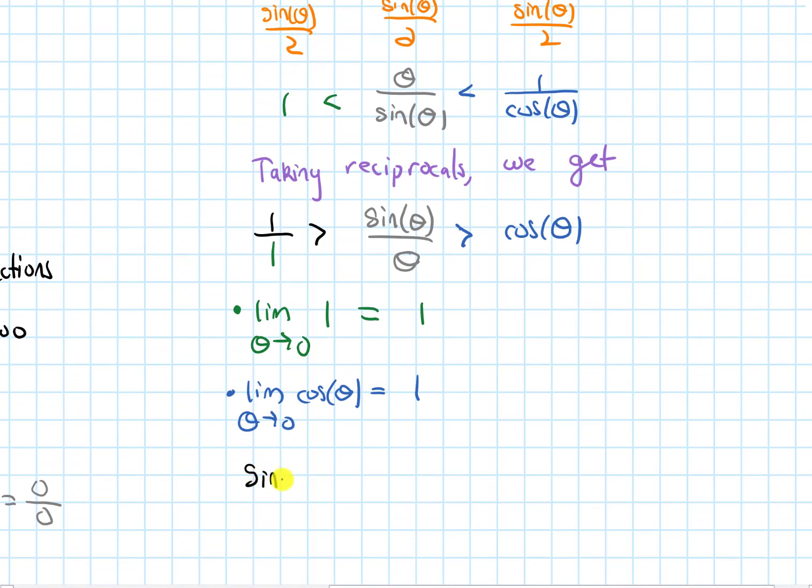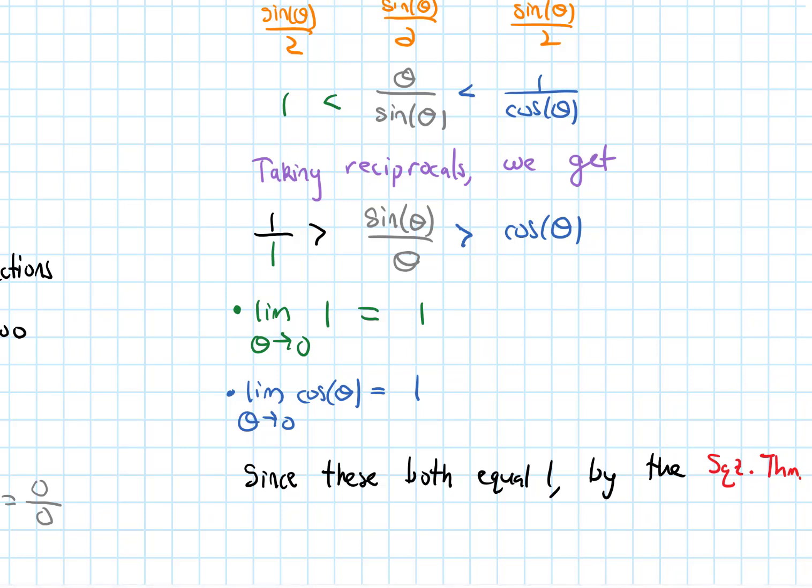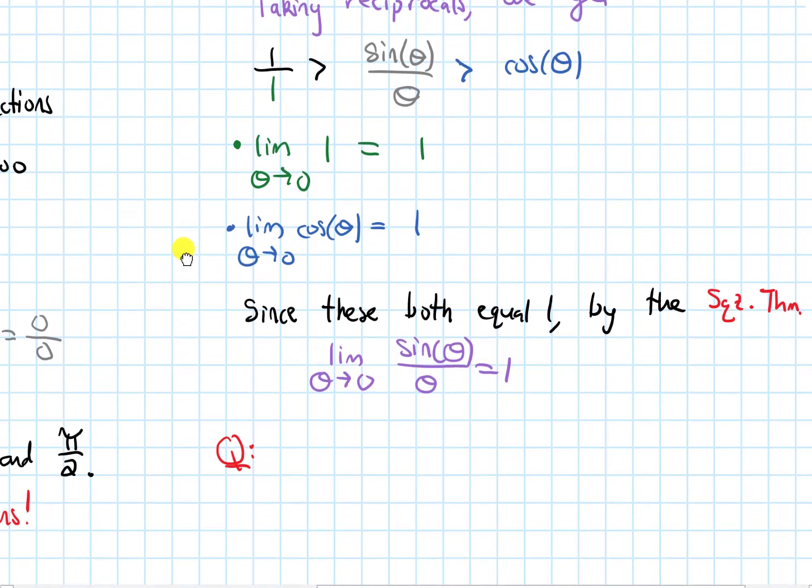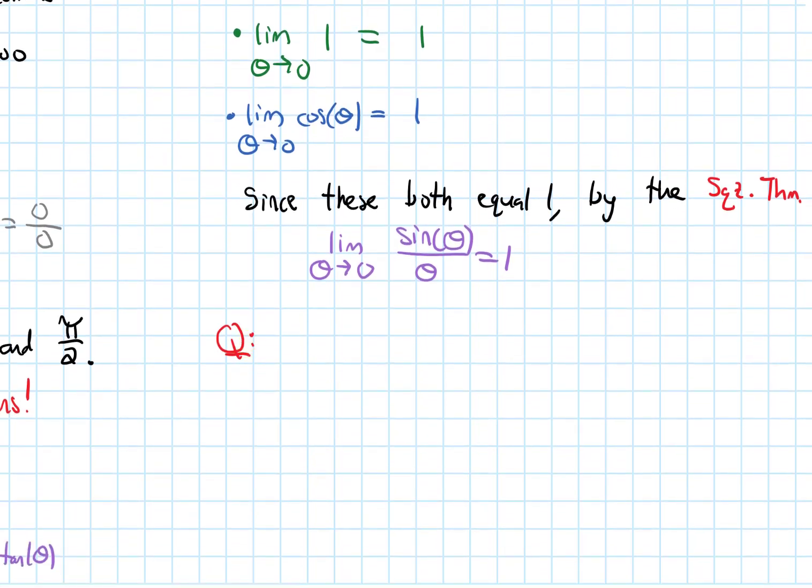So we say, since these both equal 1, by the squeeze theorem, our limit, the limit as theta goes to 0 of sine of theta over theta equals 1.